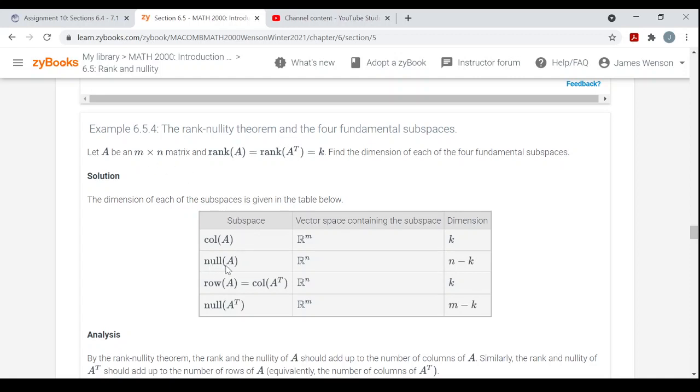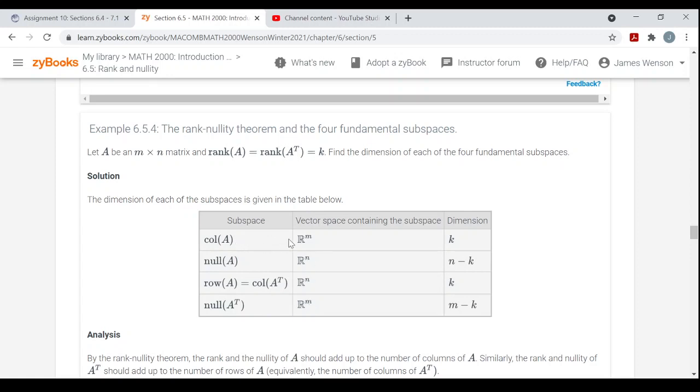The null space was a subspace of Rn. And if you look at the transpose, that would be an n by m matrix. The column space of the transpose is the same as the row space of the original matrix, so the row space would be a subspace of Rn. And the null space of the transpose, which is called the left null space of A, would be a subspace of Rm.